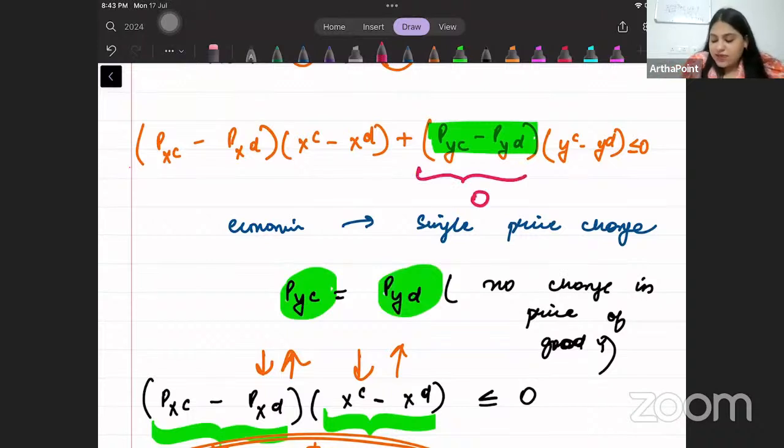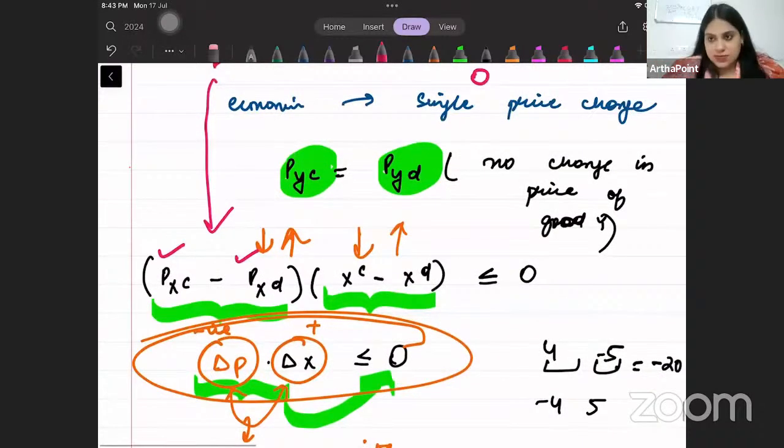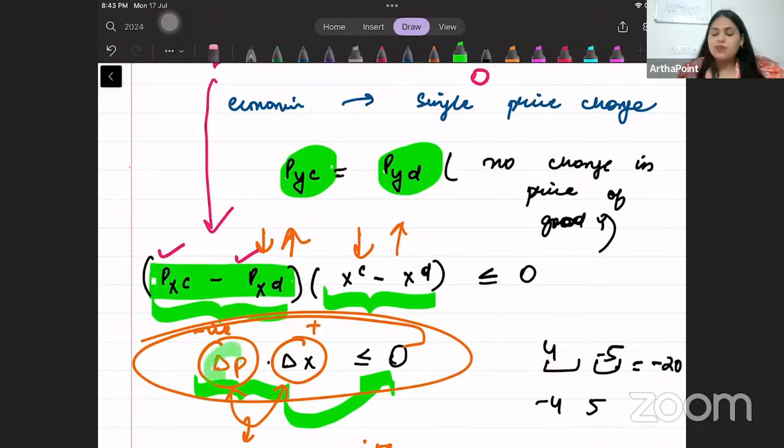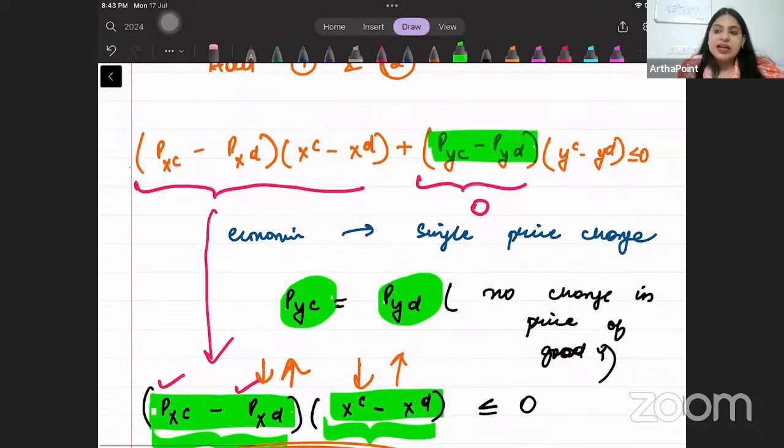And I was just left with this. Now, this is the difference between two different prices, the change in price. And this is the difference between two demands, the change in demand. And this has to be less than or equal to 0.